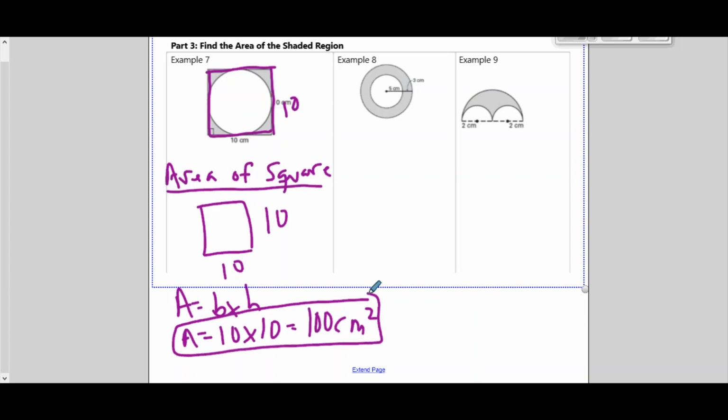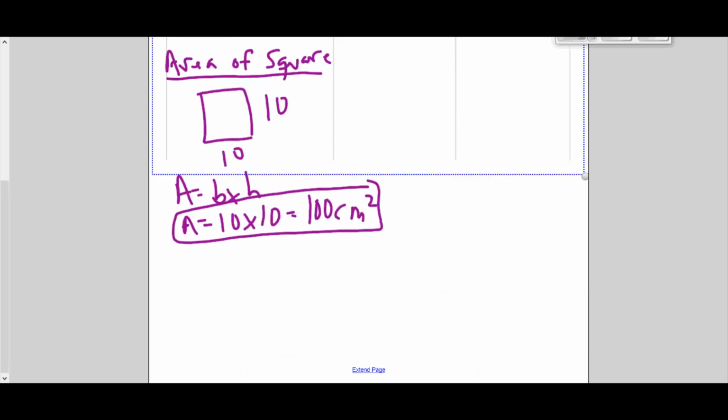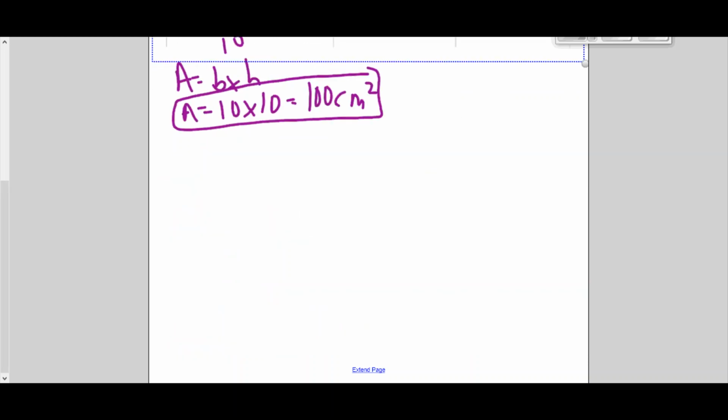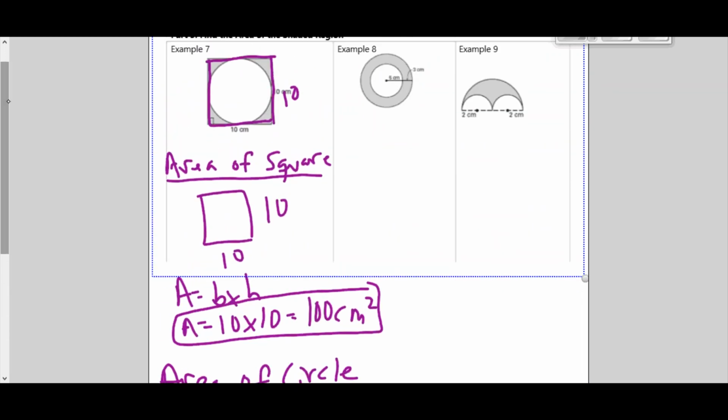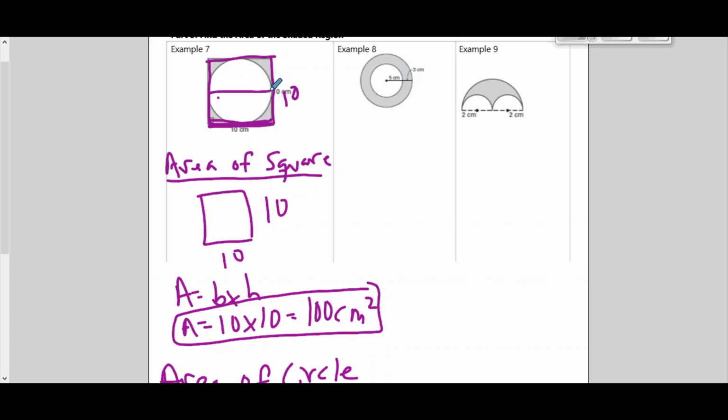Now we've got to find the area of the circle. So I'm going to extend this. So area of circle. So the circle, this length here, this base on the square, is the diameter of the circle.